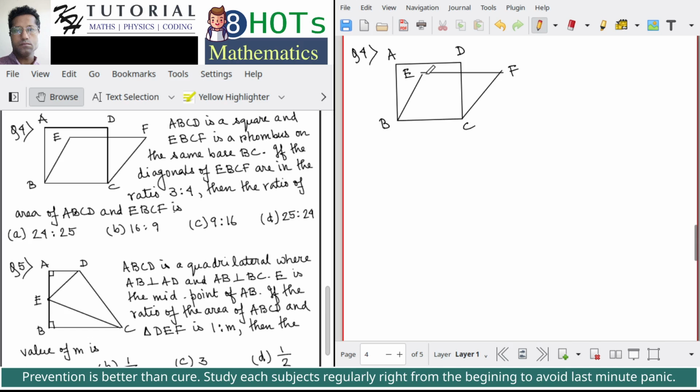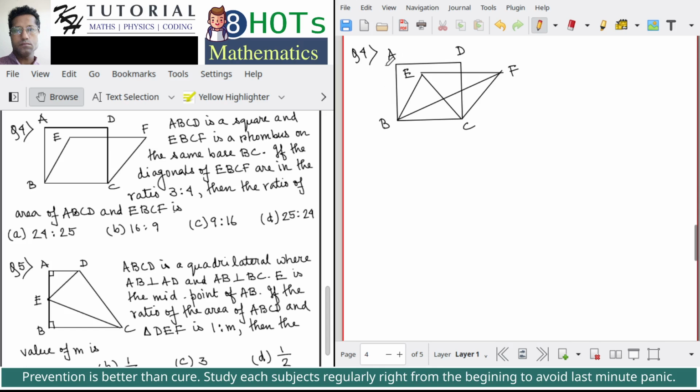Let's say we have the diagonals EC, BF. It is asking to find the ratio of the area of ABCD and EBCF.